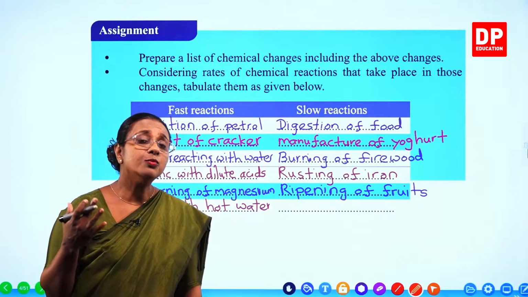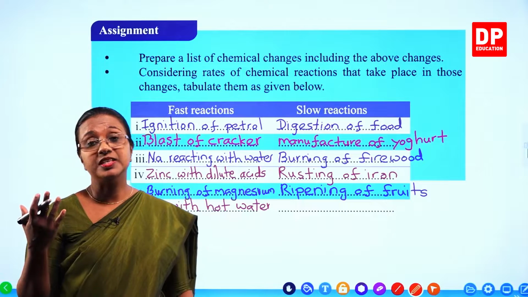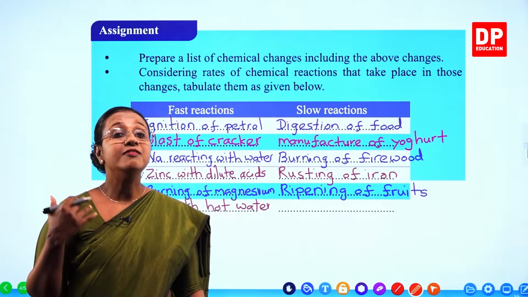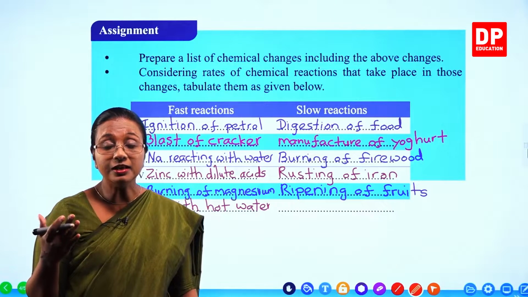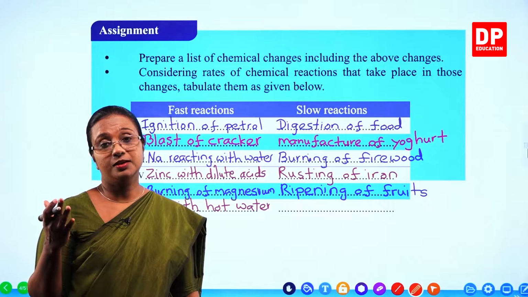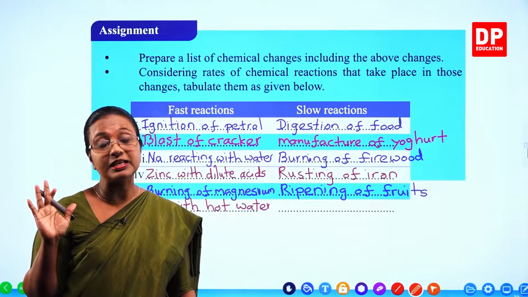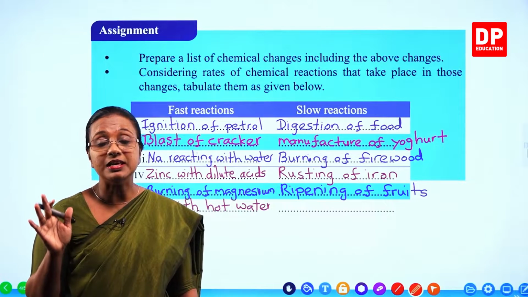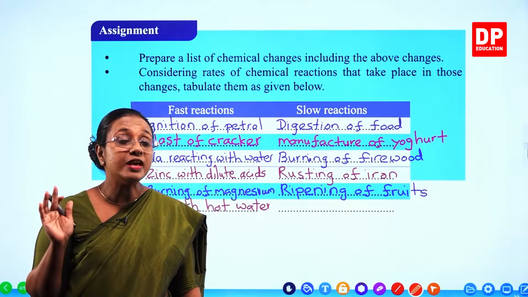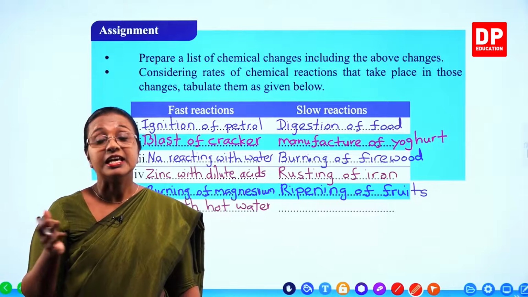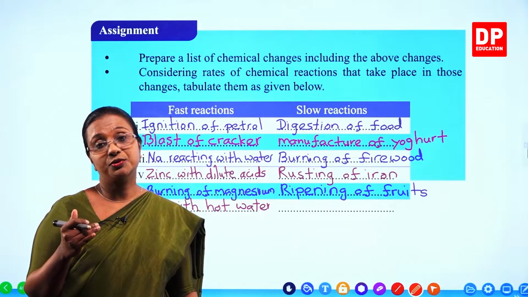Now let's say when we heat copper strongly for a prolonged period of time, then only you see the color of the metal tarnishing, the shine being lost. So that is a very, very slow reaction. Even iron with dilute hydrochloric acid.